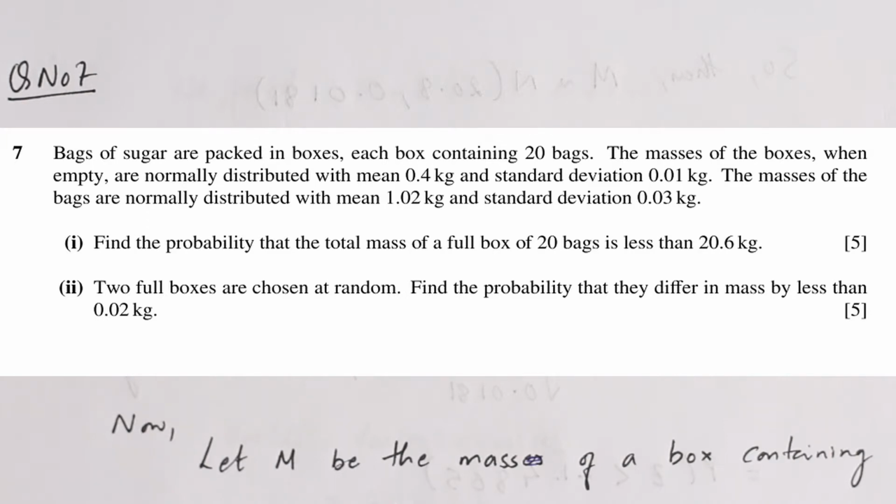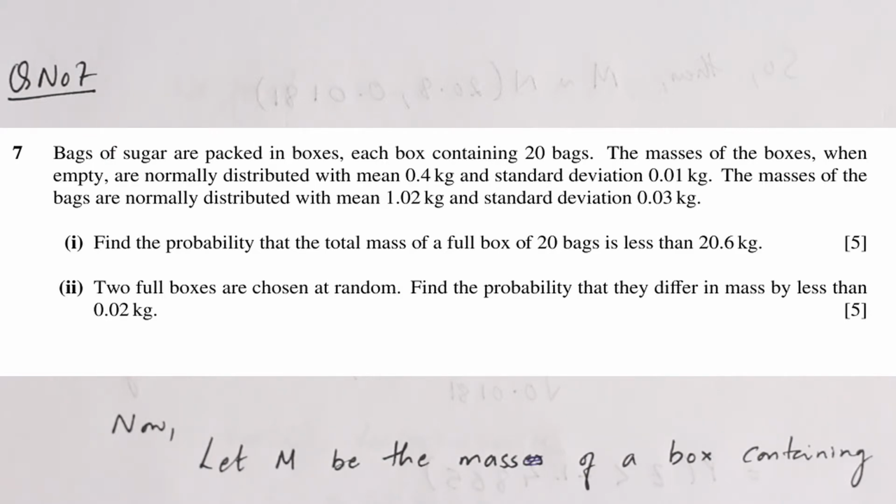The masses of the bags are normally distributed with mean 1.02 kg and standard deviation 0.03 kg. The first question then is to find the probability that the total mass of a full box of 20 bags is less than 20.6 kg.